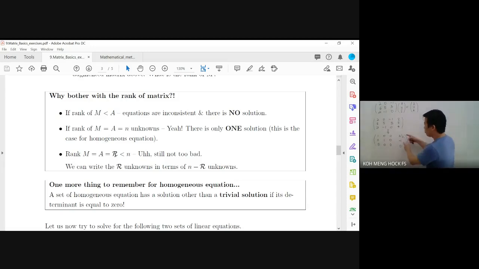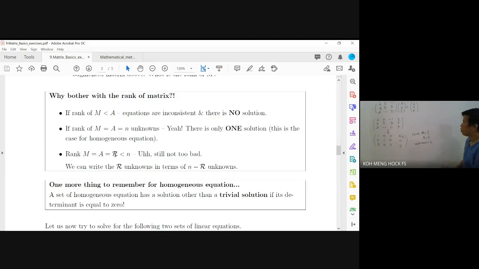So in this case, the rank of the matrix M is 2, and the rank of the augmented matrix A is also 2, but the number of unknowns is 3.